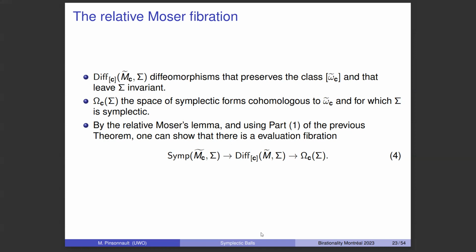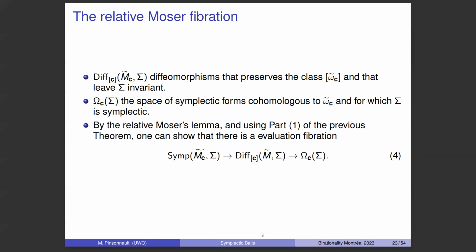Well, a path of cohomologous forms comes from actually an isotopy from Moser theory. So it means essentially that Diff0, the connected component of Diff, always acts transitively on path components of cohomologous forms. Okay, and this is a very nice fibration because it has local sections.